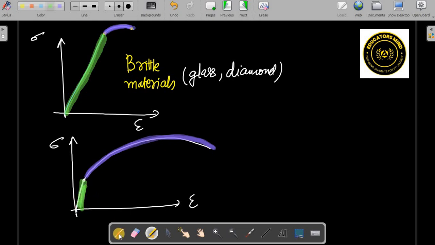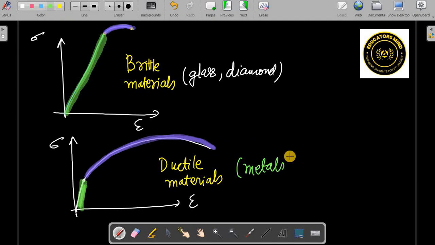Less elastic behavior is there. Such graphs belong to ductile materials. Ductile materials, generally metals. Metals are ductile in nature. This is one thing that we can note from the graph.